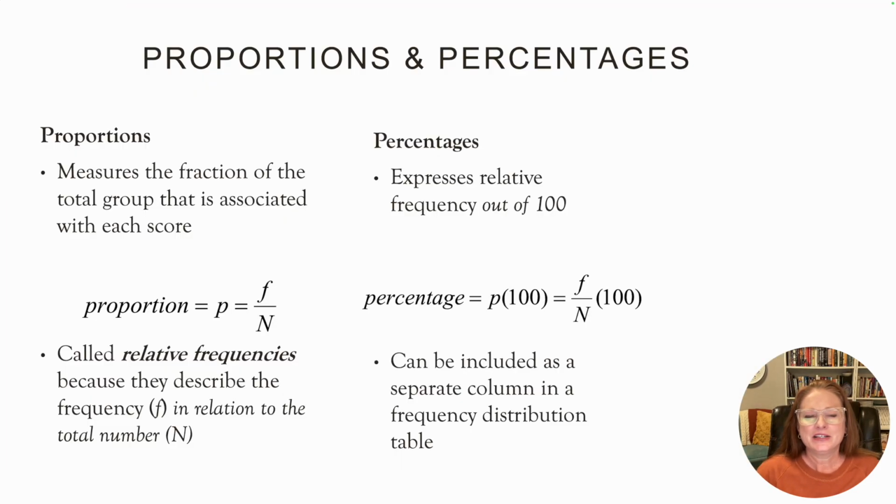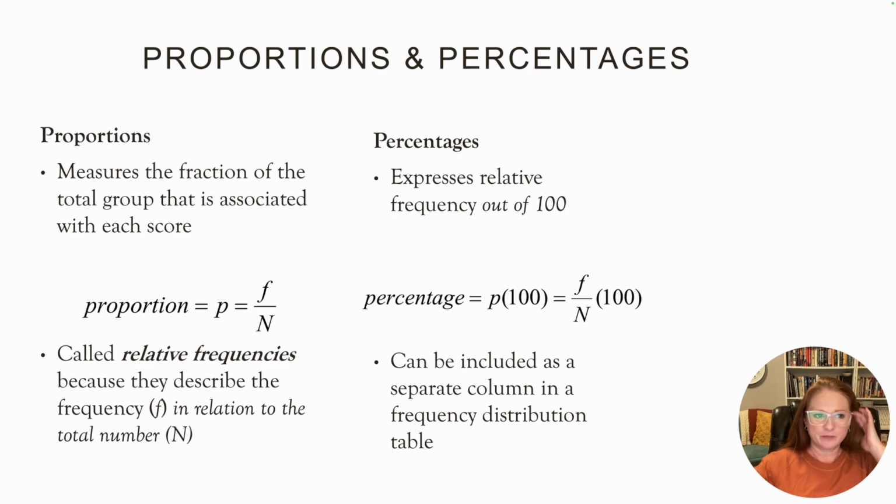Okay. So to get into some more terms and definitions, we're going to talk about proportions and percentages. So proportions, and I'll just read this, measures the fraction of the total group that's associated with each score. So as we talked about in the last lecture, a score or a datum is that one identifiable characteristic that one of your people produces or that you record off of your participants, right?